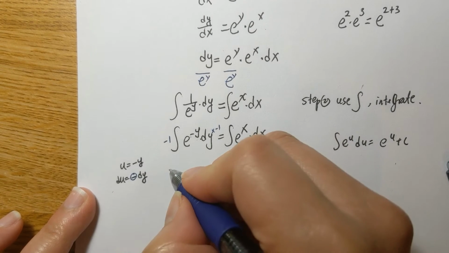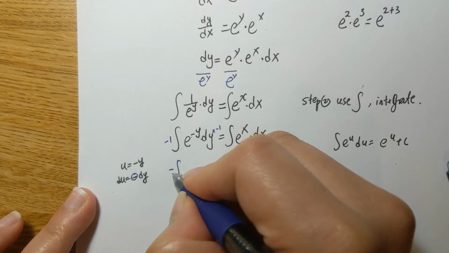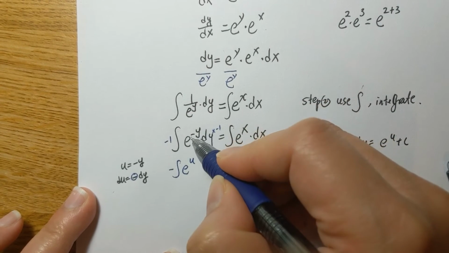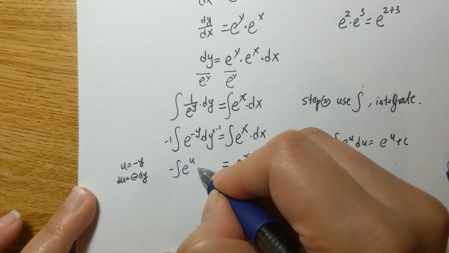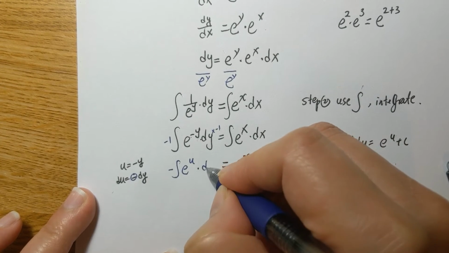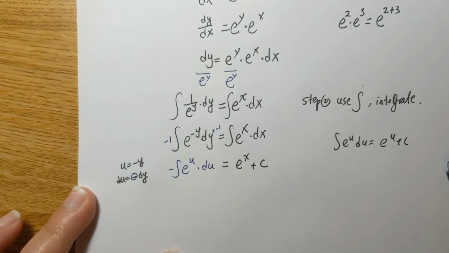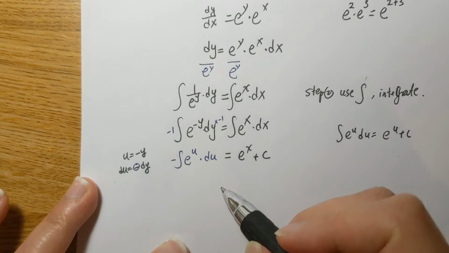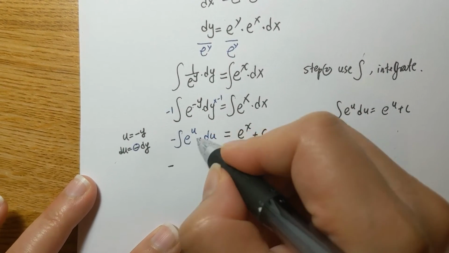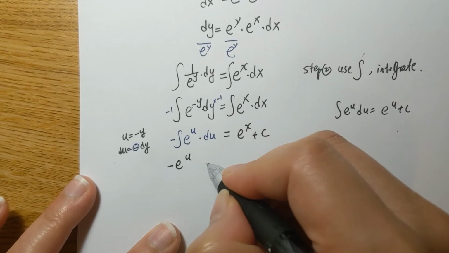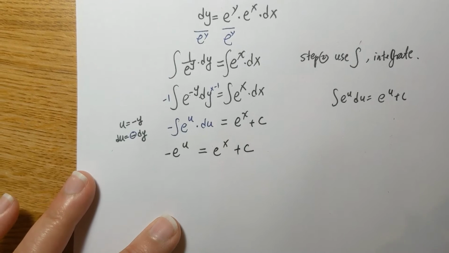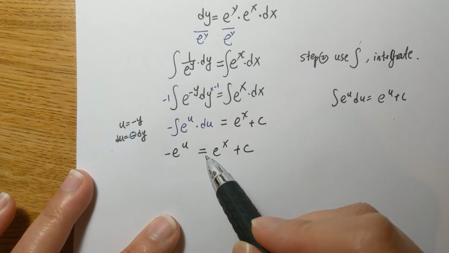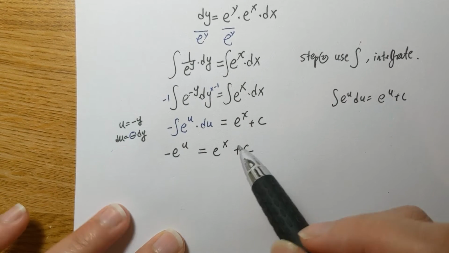So we got negative integral e to the u du. Negative y becomes u, and negative y times negative 1 matches to become du. Negative stays the same, and the integral of e to the u is e to the u. So now we got negative e to the u equal to e to the x plus c.